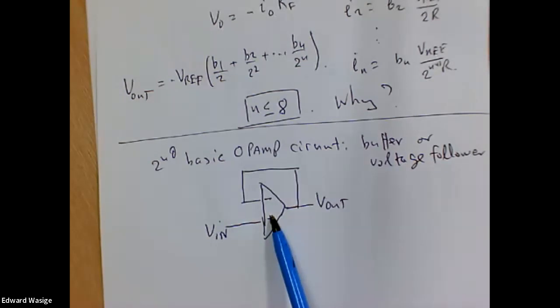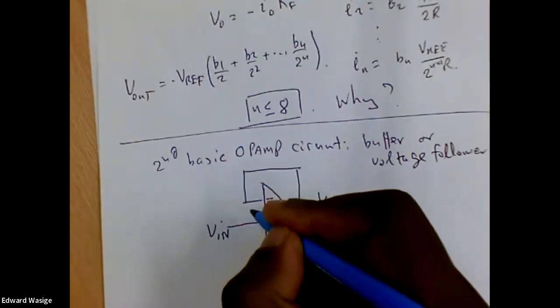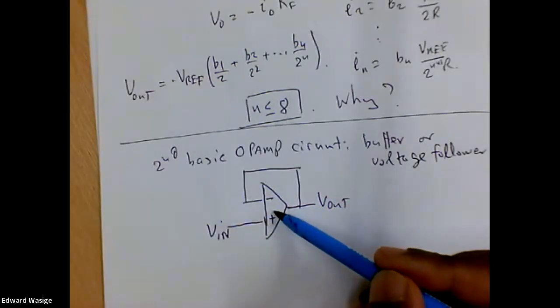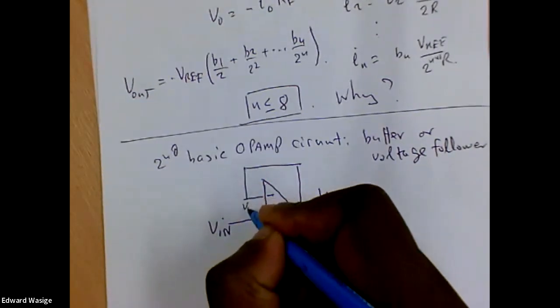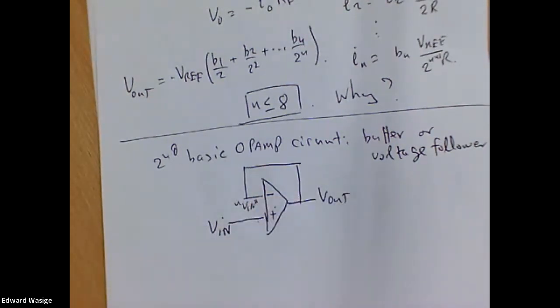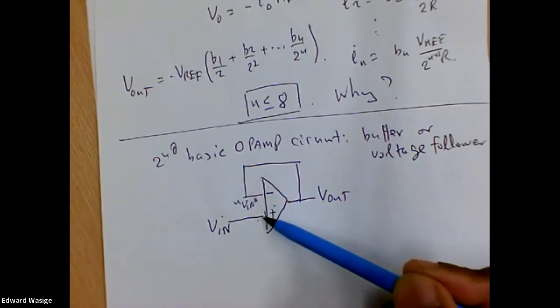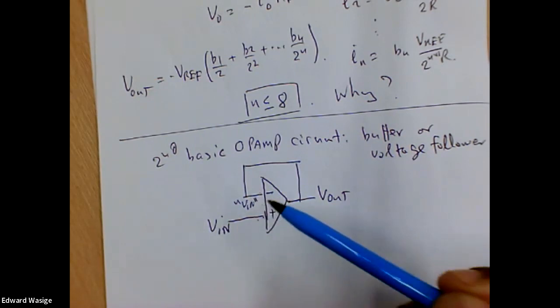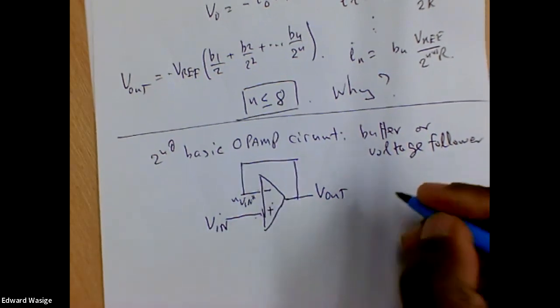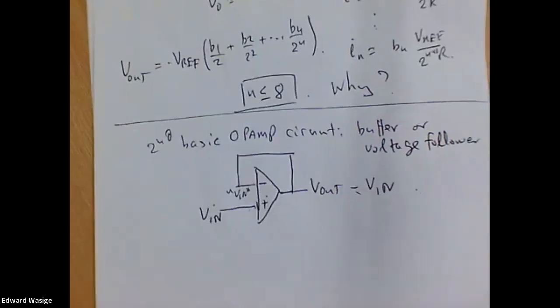The input voltage we put onto the positive input, and we connect the negative input to the output. Remember, because of the high gain of the op-amp, there cannot be a huge difference in voltage between those 2 inputs. So if this is V in, the voltage there will also be V in, and therefore V out is equal to V in. We call this a buffer or voltage follower.